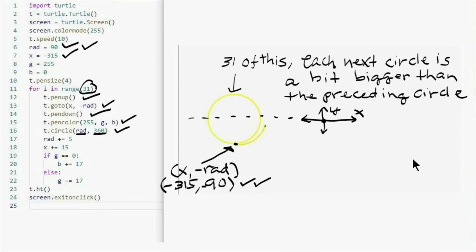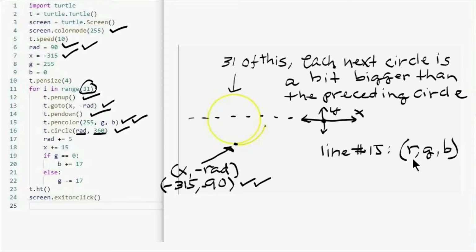Incidentally, the color of the circle, let's go back to line number 15. It is specified by the RGB. So let me write here on the right side: this is line number 15. We have the RGB. Incidentally, before you can use the RGB, you should put line number 4.